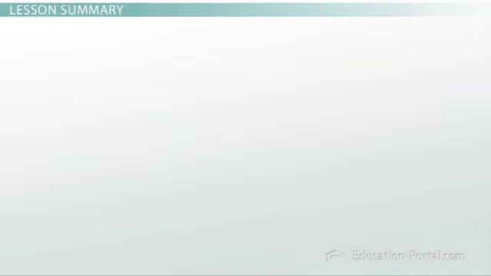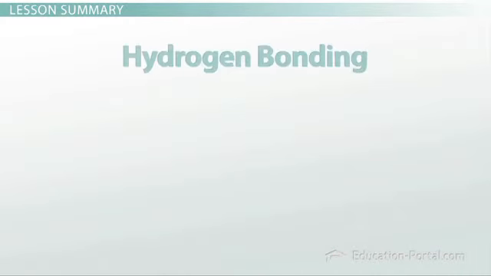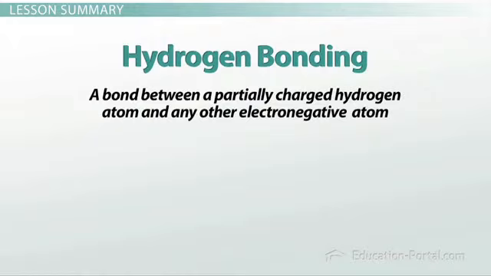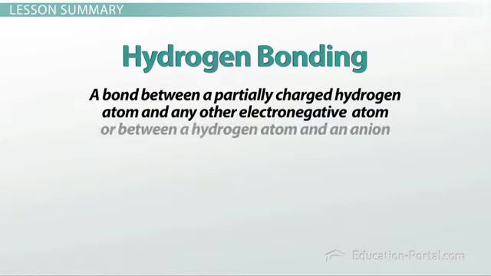We've learned today a little bit about hydrogen bonding and its importance. A hydrogen bond is a bond between a partially charged hydrogen atom and any sort of electronegative atom, or it can be between a hydrogen atom and an anion.